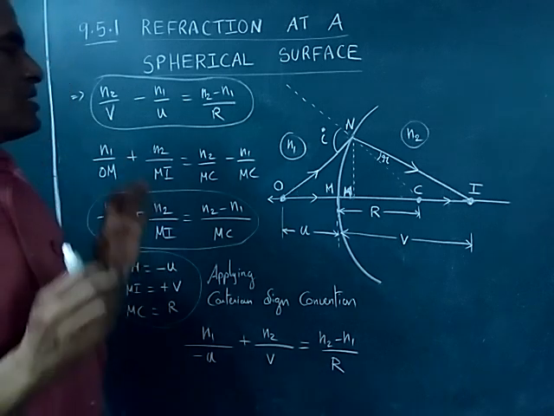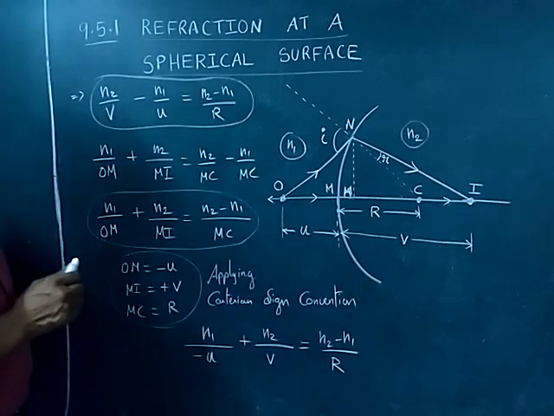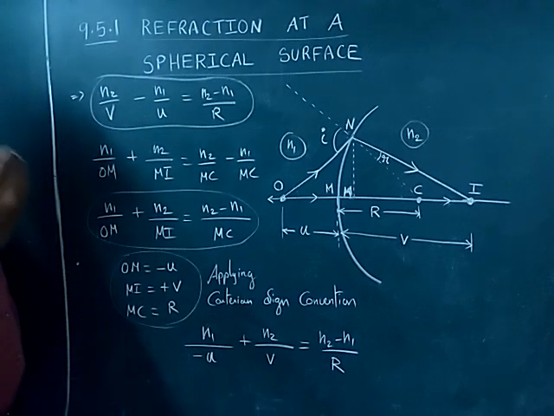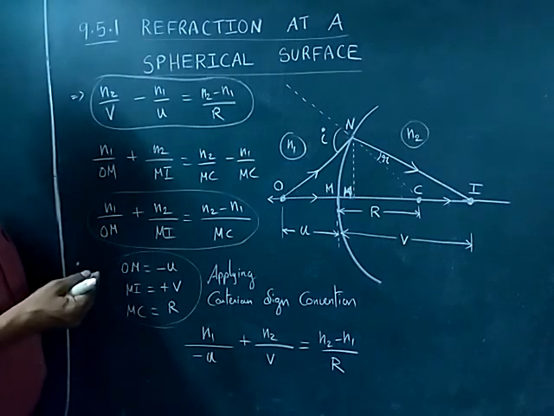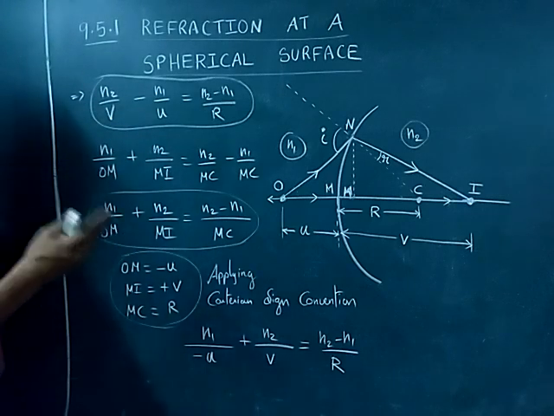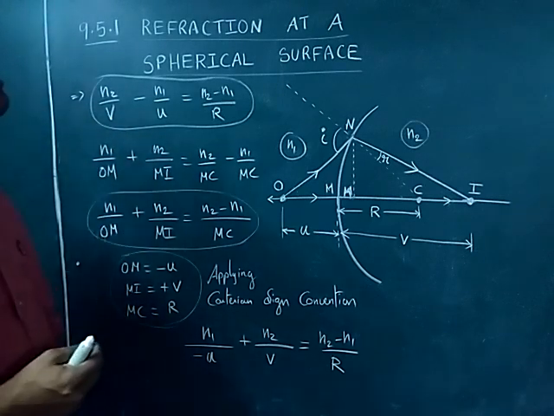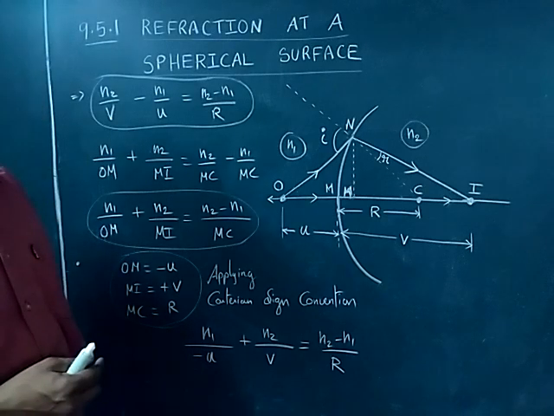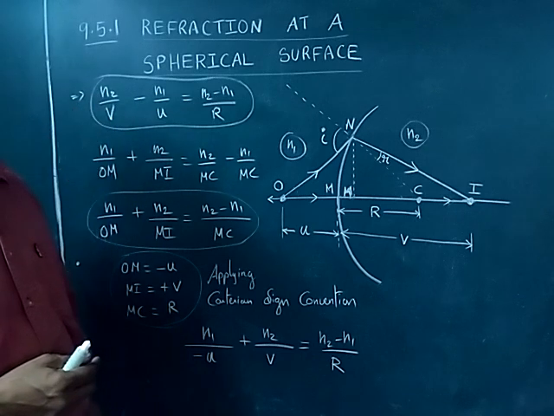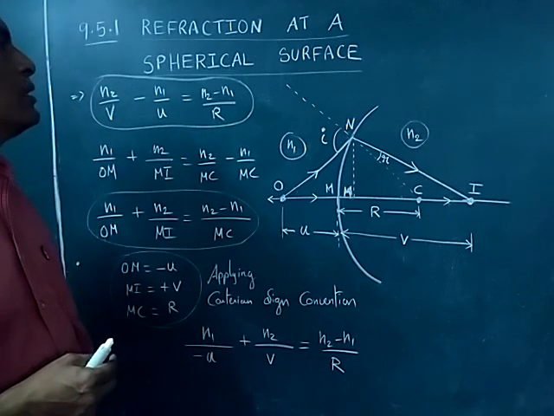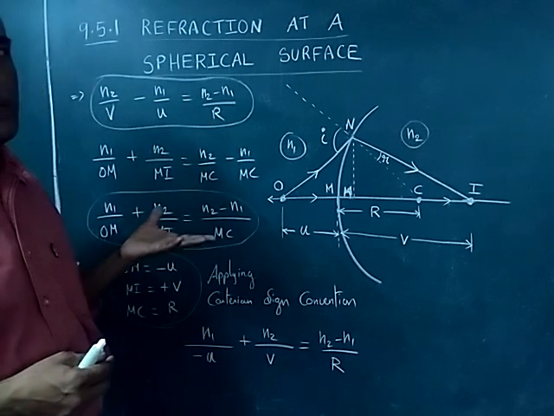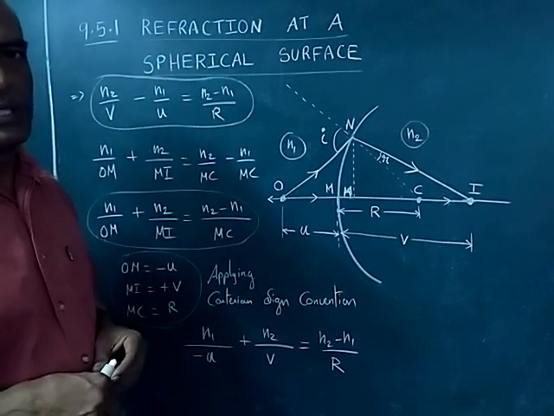So that's the greatest advantage of finding where we have to place the object and where we have to place the image. So that's all about refraction at a spherical surface, and this is the final equation which you have to remember, and more problems are likely to appear based on this equation.